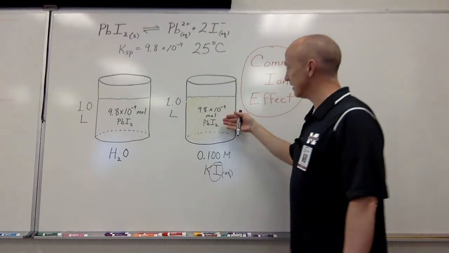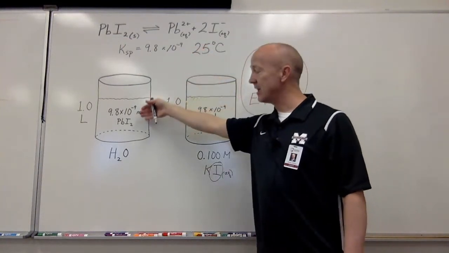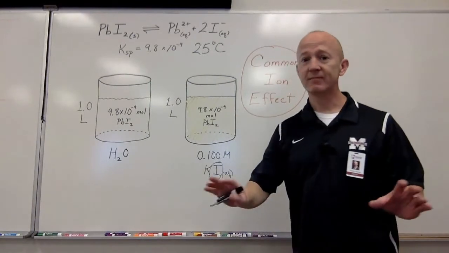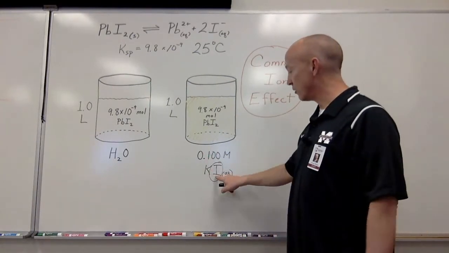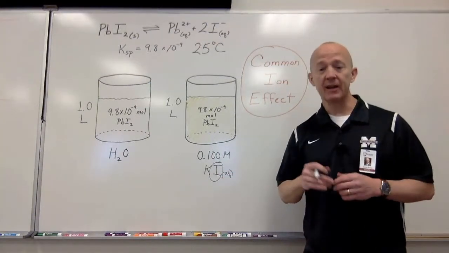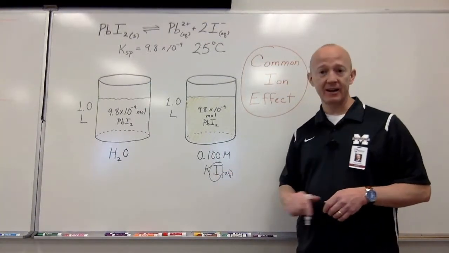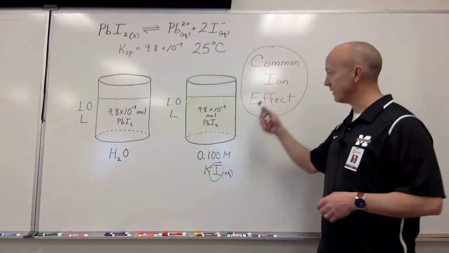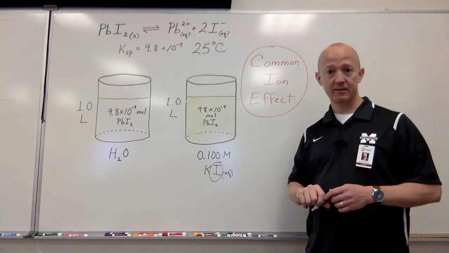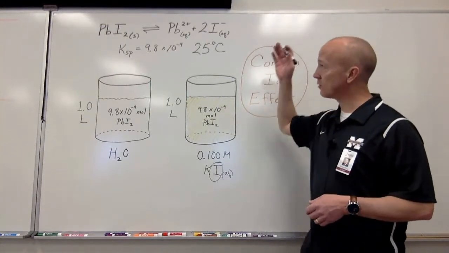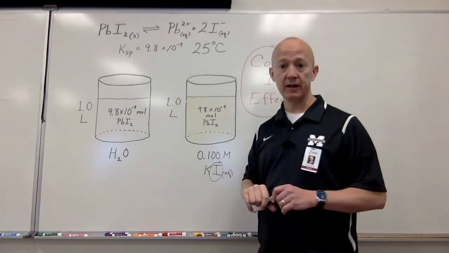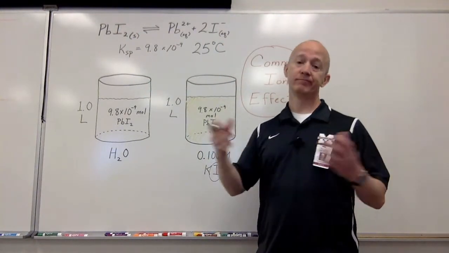So by adding the exact amount that we can get into 1 liter of water at 25 degrees Celsius into this beaker, it was too much because we already had some of that ion available to us. So again, in this example, the iodide ion was a common ion, one between potassium iodide and lead iodide. So because of that, it shifted the reaction back to the left, where we have solid lead-2 iodide, thus making a precipitate form.